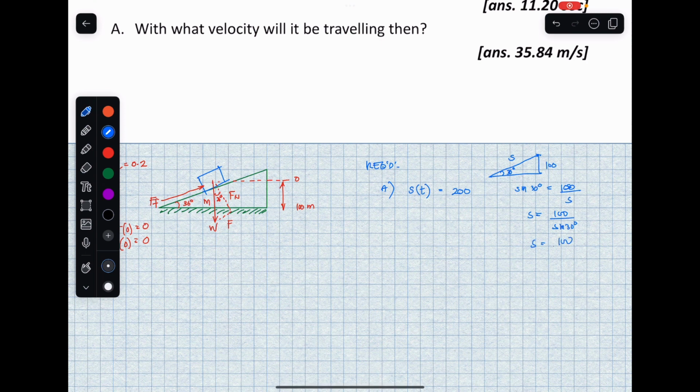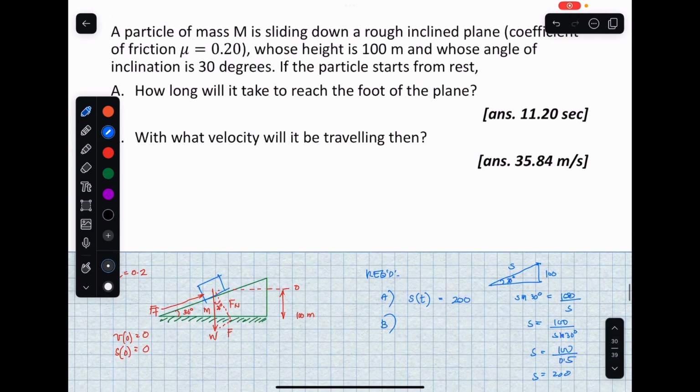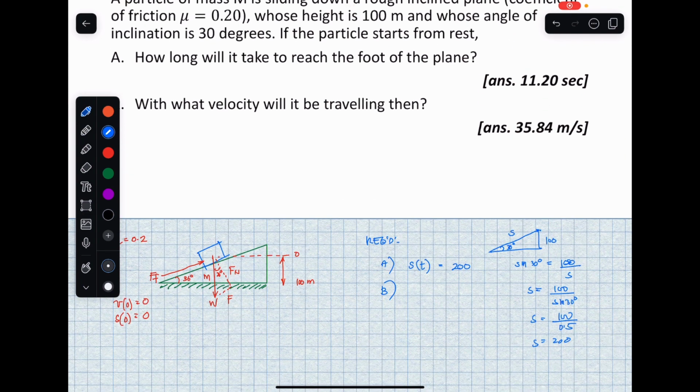So 100 over 0.5 makes it 200. So what would be the time when S is 200? For the second one, with what velocity will it be traveling then? What would be the velocity when the displacement is 200?